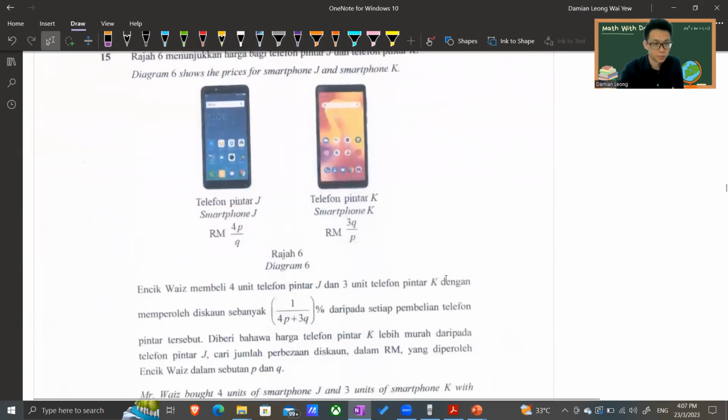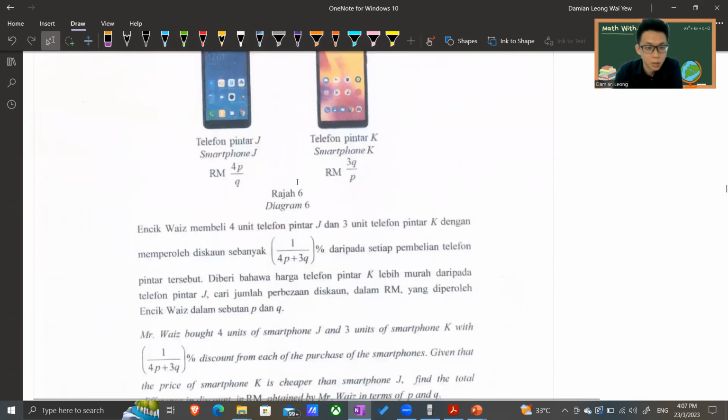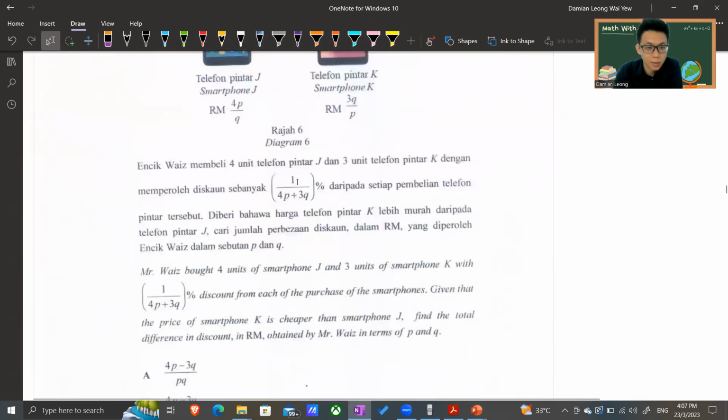Then question 15. I have the price of smartphone J and smartphone K. Mr. Wise bought 4 units of smartphone J and 3 units of smartphone K with this percentage of discount from each of the purchases of the smartphone.